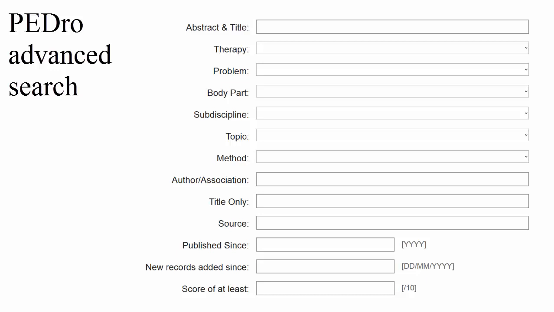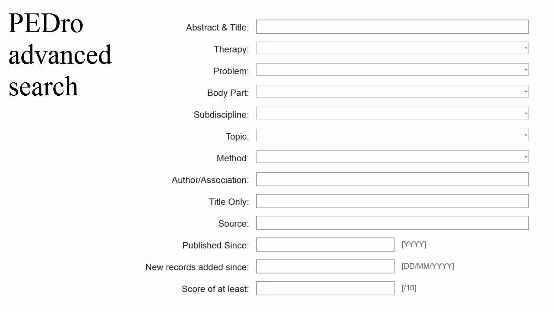Our study evaluating PEDro searching revealed that only 26% of searches used the Advanced Search interface. When the Advanced Search interface was used, 40% of searches used a single search field, usually the abstract and title field. In other words, the Advanced Search was used like a simple search.